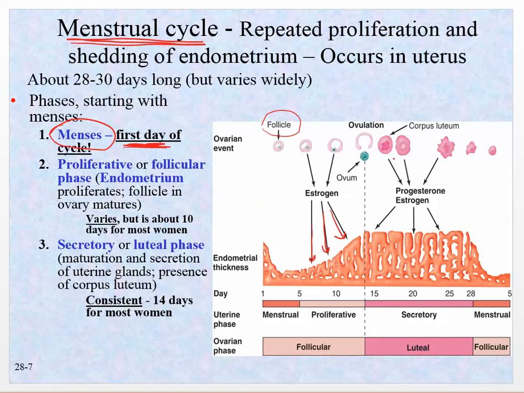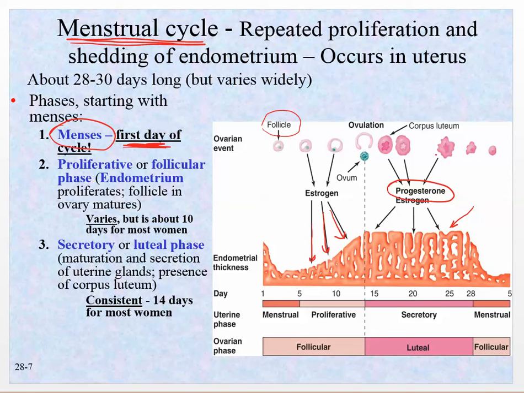Now we have the corpus luteum, which is making estrogen and progesterone as well, but now it's making more progesterone. So the progesterone is saying, all right, we call it the secretory phase. This is saying, okay, we are going to maintain this. We are going to make this endometrial lining something on which a fertilized oocyte can survive.